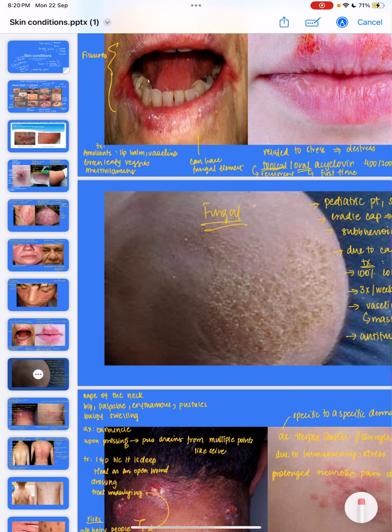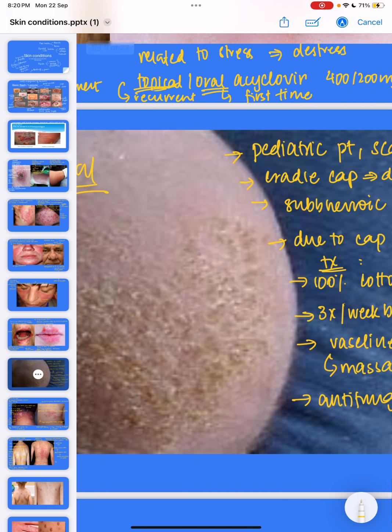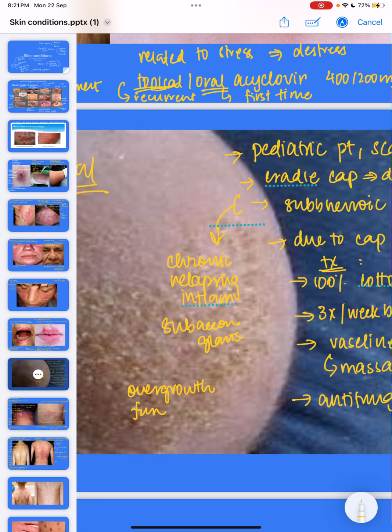And so what is seborrheic dermatitis? इसको भी हम लिख लेते हैं. So what this essentially means is that it's chronic, it's relapsing, inflammatory, and it affects places of sebaceous glands, ठीक है. और इसमें क्या होता है कि overgrowth हो जाती है of this fungus that normally exists, ठीक है.